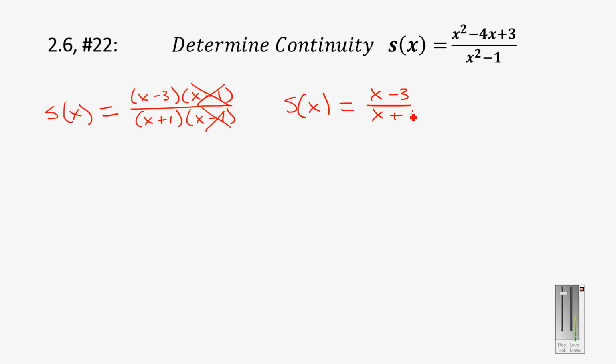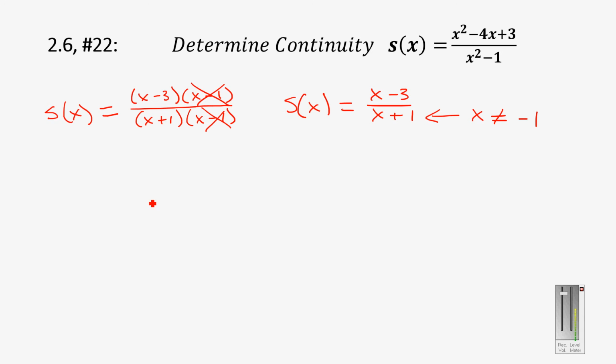Well, continuity really means it's the places where I can draw the function continuously. You can imagine keeping your pencil on the paper the entire time without having to pick it up. There is a spot here where I can see that x cannot equal negative 1. That means it is not continuous at that point.